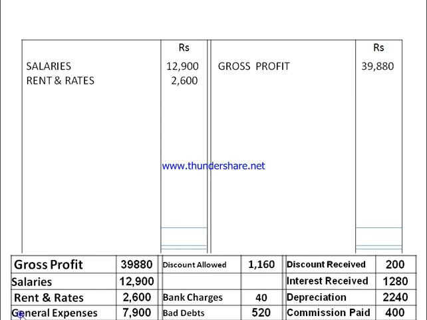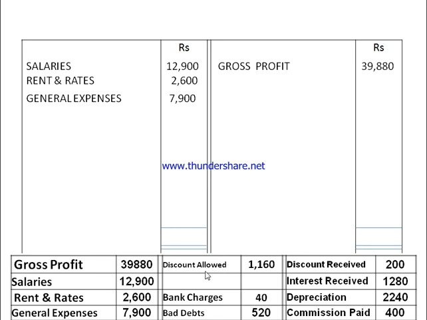Next is general expenses, another expense, 7,900. So write down on the expense side general expenses 7,900. So these 3 expenses have been recorded. Next one is discount allowed.